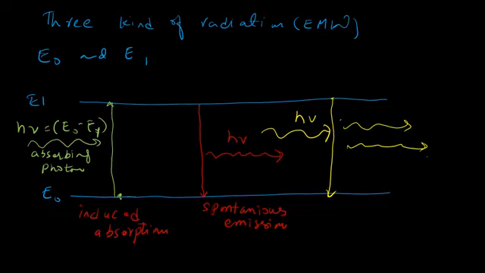The emitted photon will be in phase with the incident photon, so it will produce highly coherent light. You can say that this light will be amplified as compared to the incident photon. So this process is called induced emission.